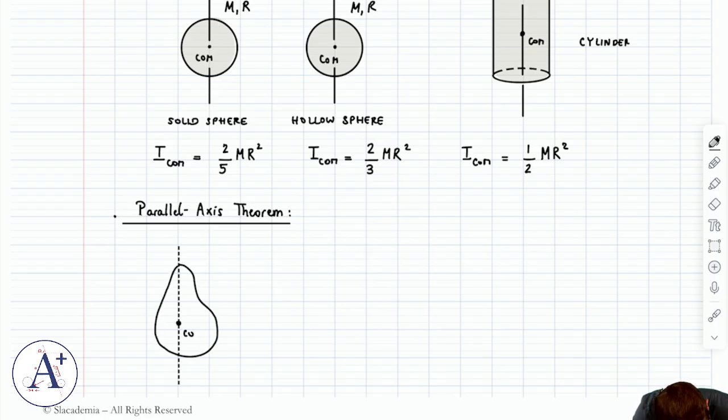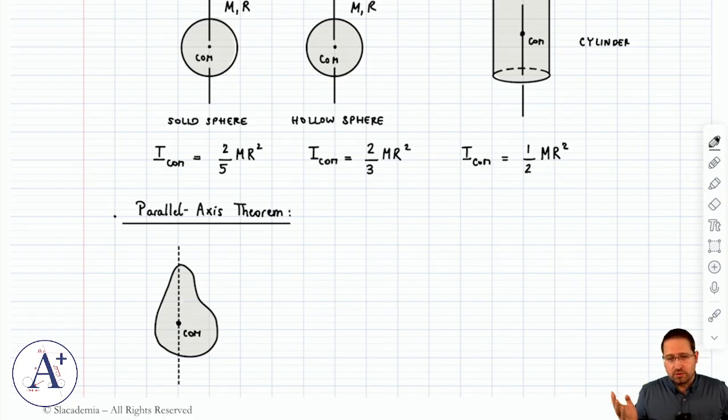Okay, this is the center of mass. Maybe you want to rotate this weird shape about the axis through the center of mass. Okay, fine. You would then be given that moment of inertia, because the moment of inertia about the center of mass is going to be provided.